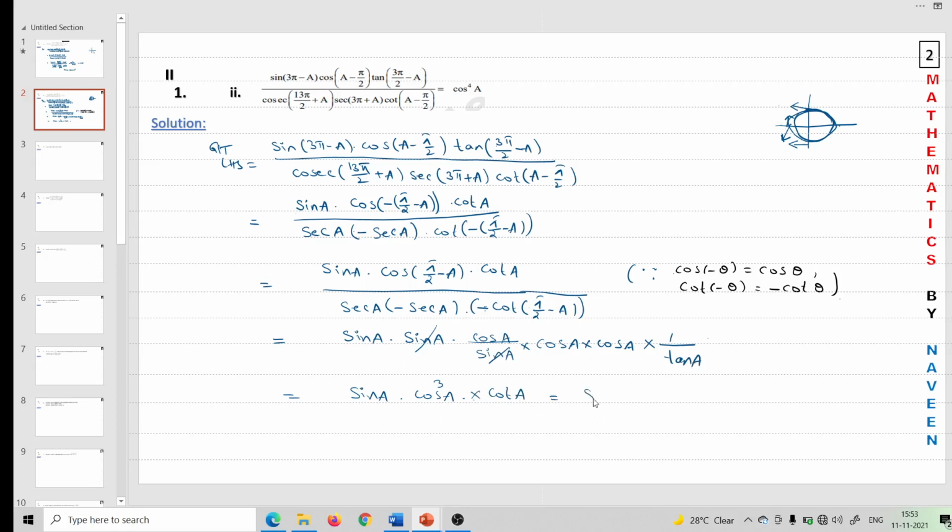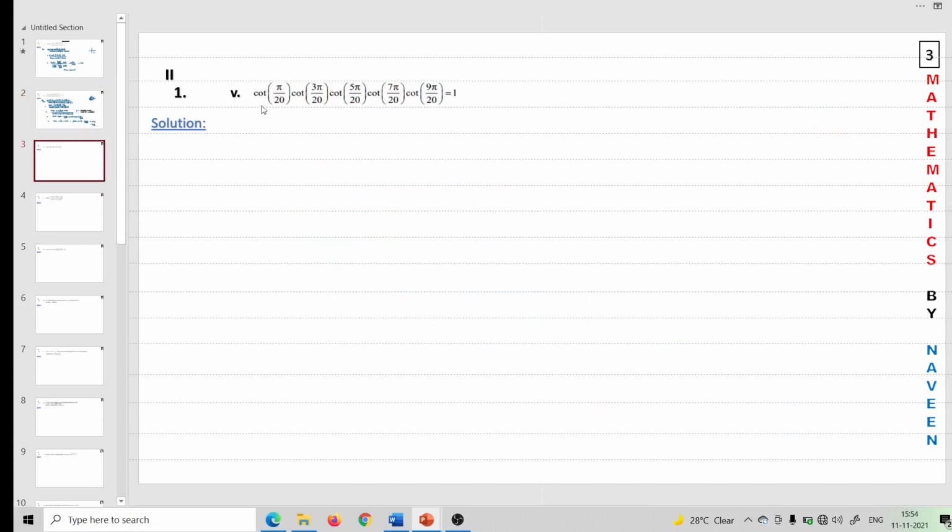That is nothing but sin A into cos cube A into this one, cos A by sin A. Here sin A gets cancelled. So finally cos power 4 A. This one is RHS. Clear everyone? Next problem.